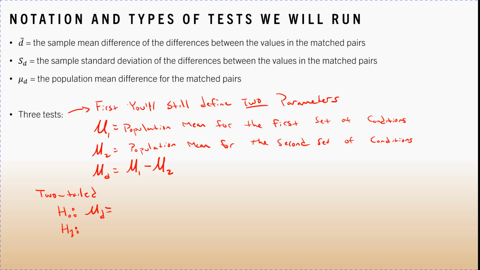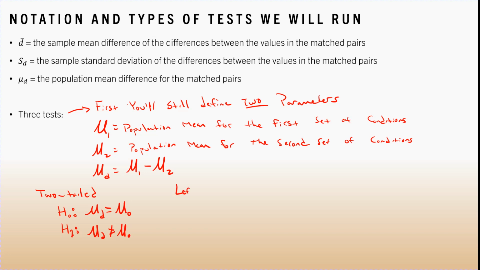We'll set the difference equal to some initial condition we'll call mu sub 0. Oftentimes, in the first example, this will actually just be 0. We'll assume there is no difference. So if there is no difference on average, then mu sub d should be 0. And what we're looking to see here is that no, it's not equal to this number. It's different.